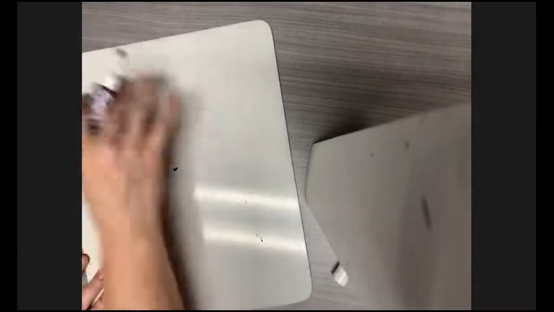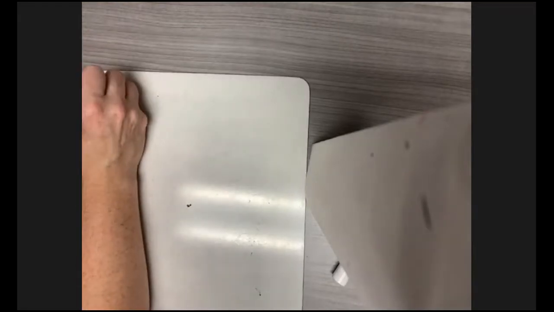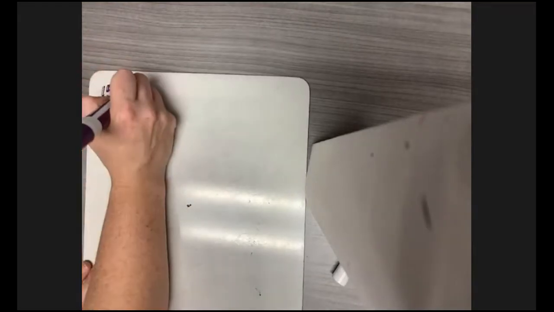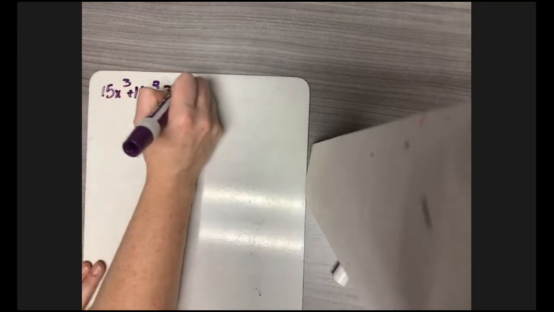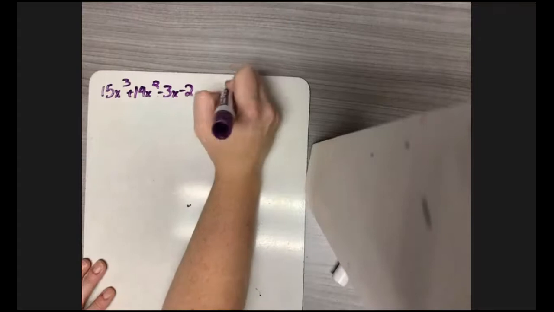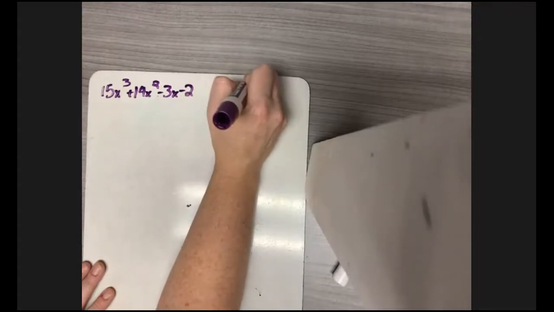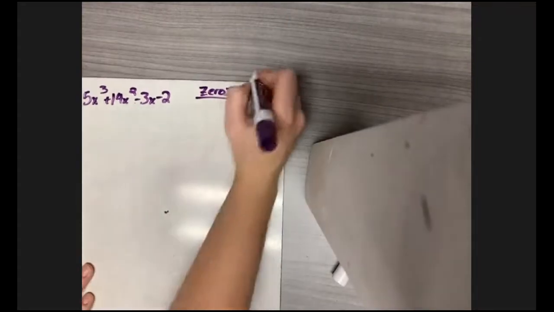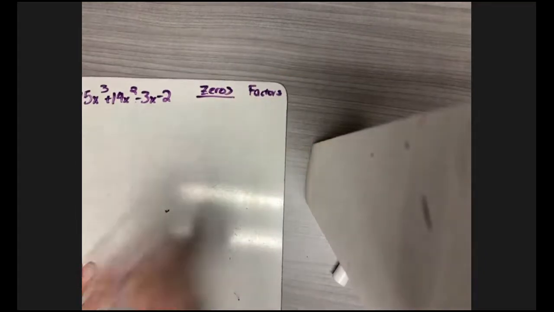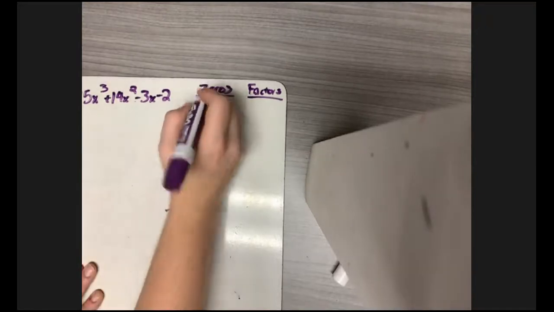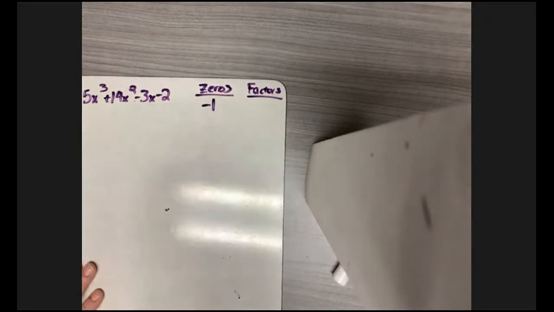So we've got 15x cubed plus 14x squared minus 3x minus 2. I'm going to do two things here. One, we're going to talk about the zeros. And two, we're going to talk about the factors so that you understand how these set up. They're telling us that negative 1 is a 0.